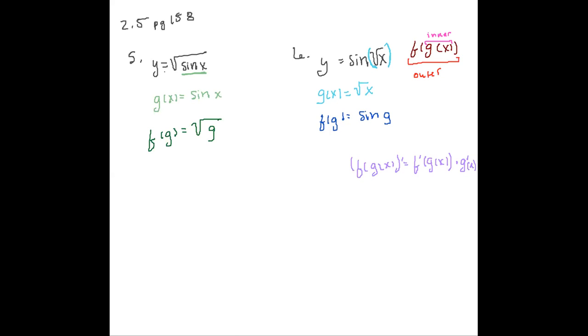So we need to find both f prime of g and g prime. Let's start with number 5. I know what my g of x is, and I know what my f of g is. These are both of the pieces that I need in order to finish this problem. What is f prime of g? Just leave it in terms of g.